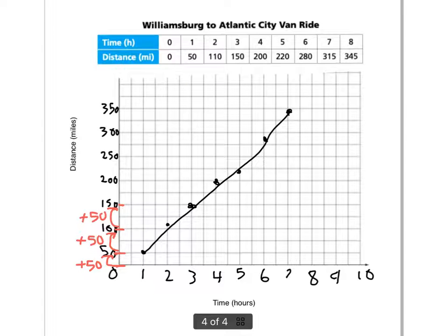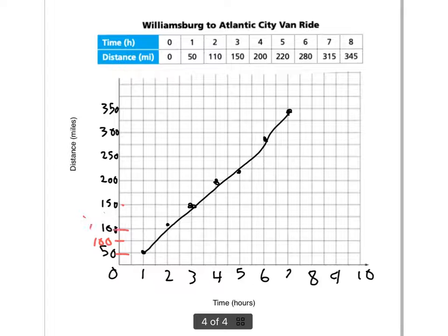So if you start off saying 1 space is 50, then you have to stay with that and say 1 more space is 50, another space is another 50. You can't say 1 space is 50 and now 2 spaces is 50. So what they could have done instead is they could have said, if this is 50, then right here is 100.